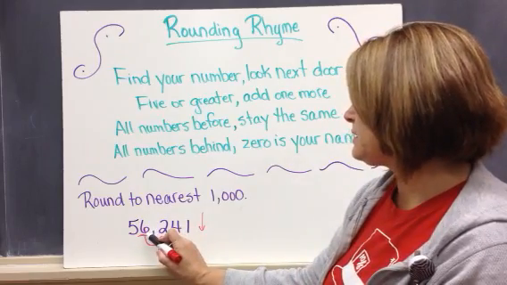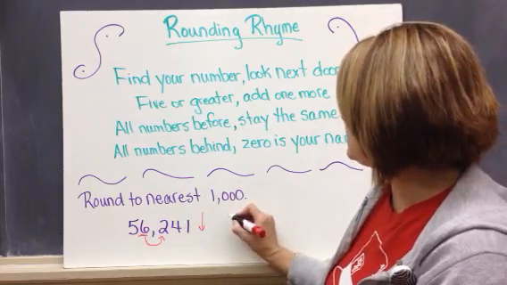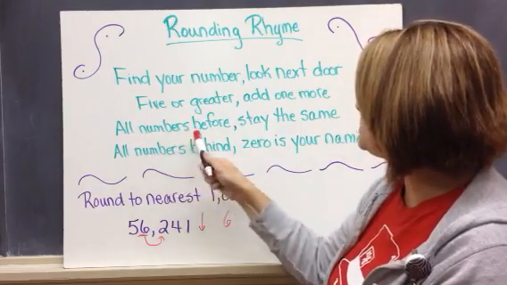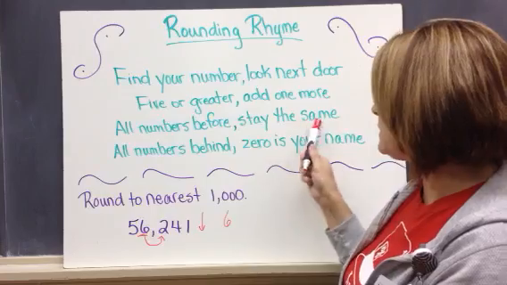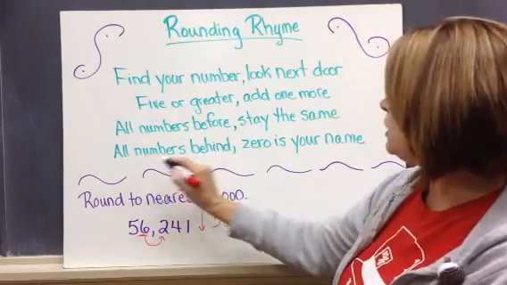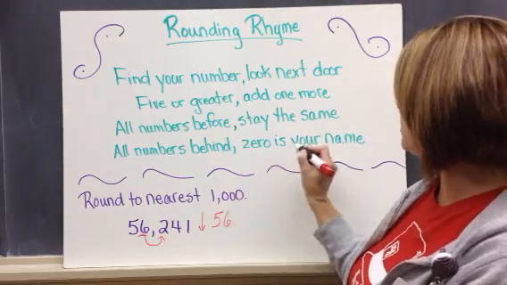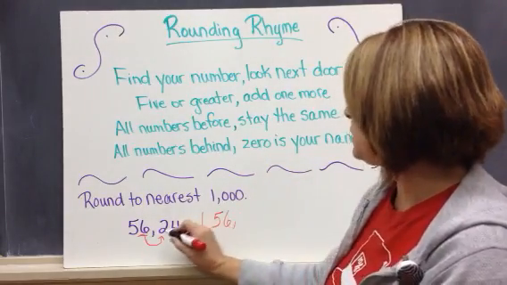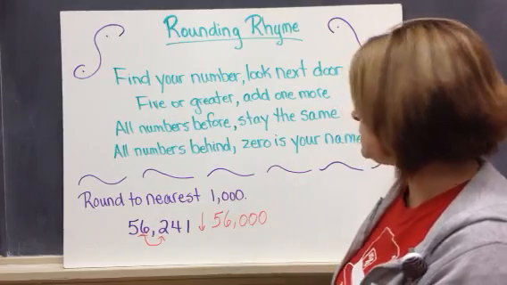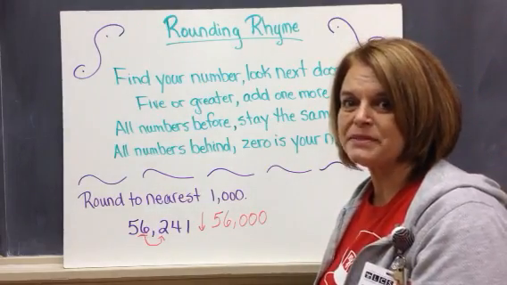What's going to happen to my 6? It's going to stay the same. All numbers before stay the same, so that's my 5. All numbers behind, 0 is your name. So my 241 becomes zeros. Maybe that helps. Good luck.